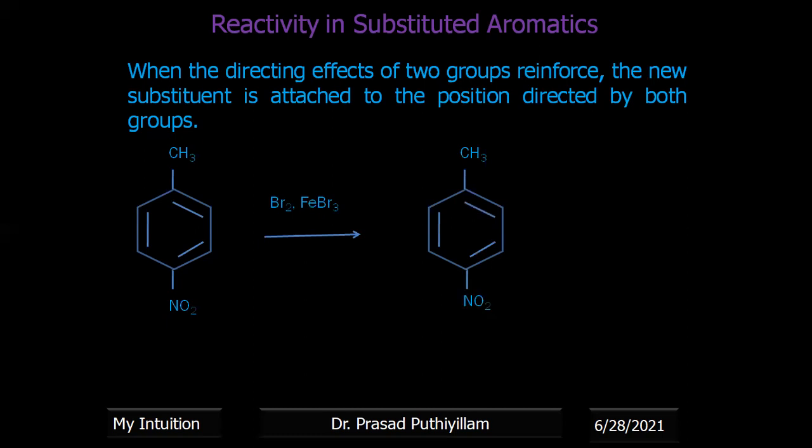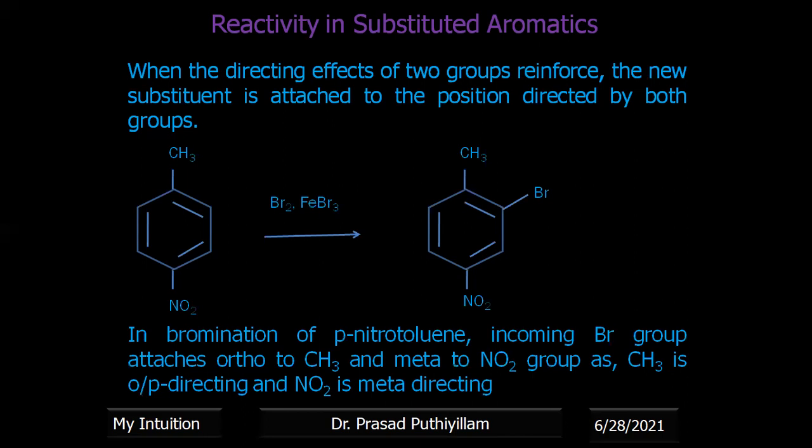In bromination of para-nitrotoluene, the incoming Br group attaches ortho to CH3 and meta to the NO2 group. So both are reinforced. One is activating, the other is deactivating, and we know that a deactivating group gives meta substitution and an activating group gives ortho as well as para.